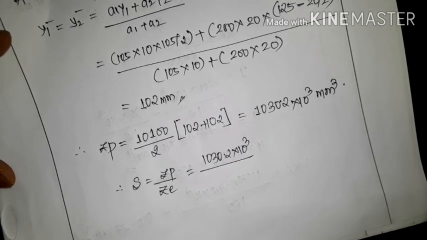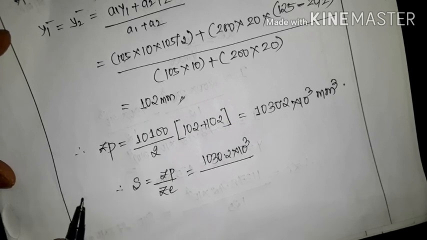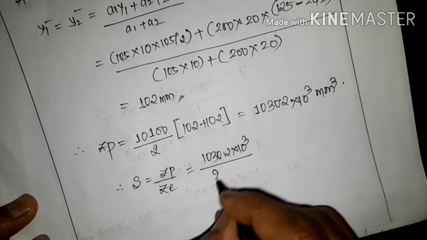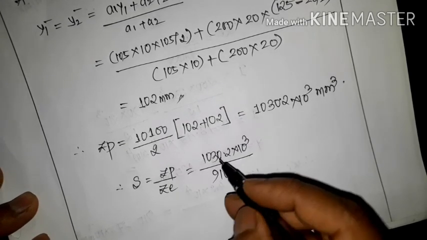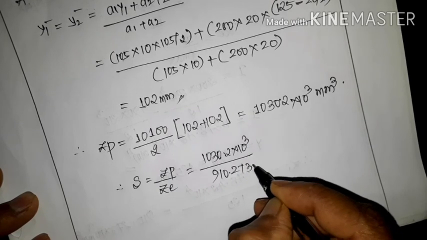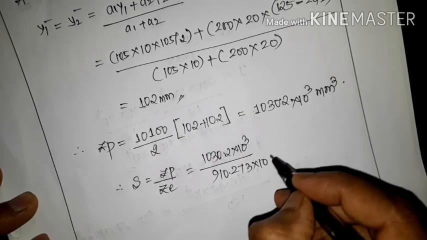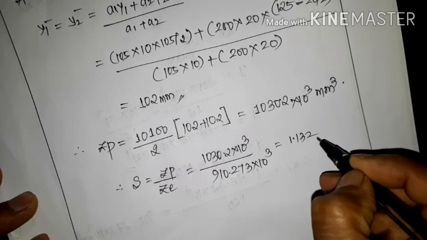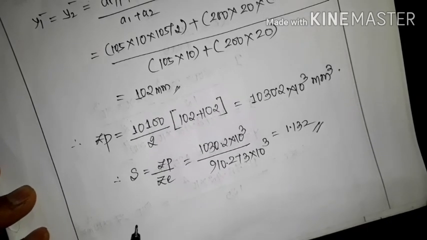Ze we have got as 910.273 into 10 raised to 3. So we'll get the shape factor as 1.132. So we got the shape factor as 1.132. Okay.